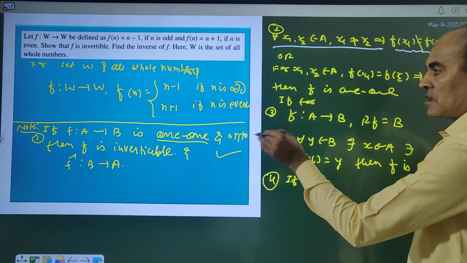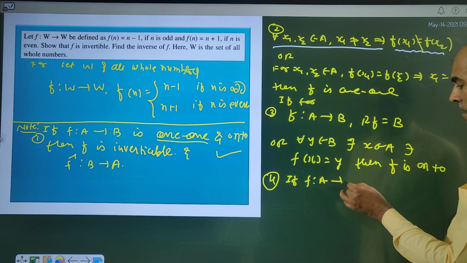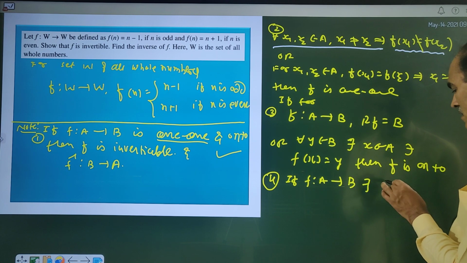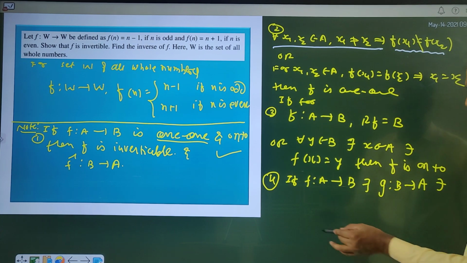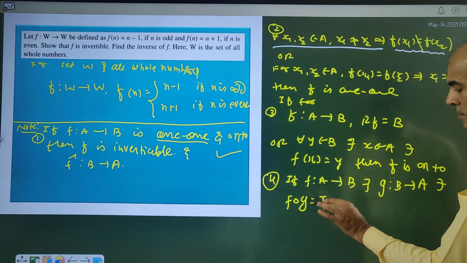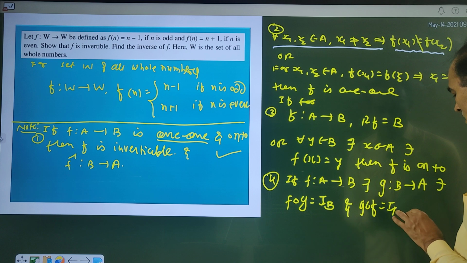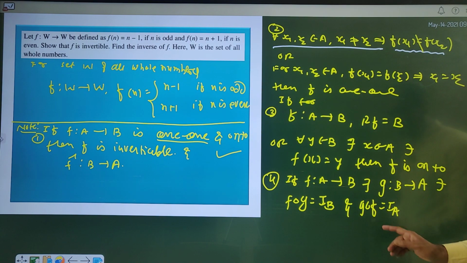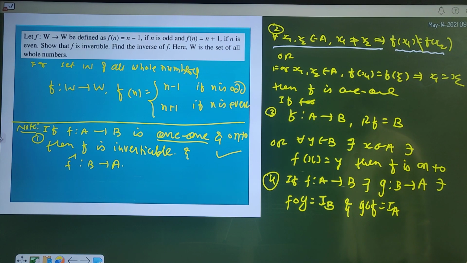The second way to check the invertibility of a function f from A to B is, if there exists a function g from B to A such that f of g is equal to the identity function on the domain of g and g of f is equal to the identity function on the domain of f, then g is the inverse. This is the second way.